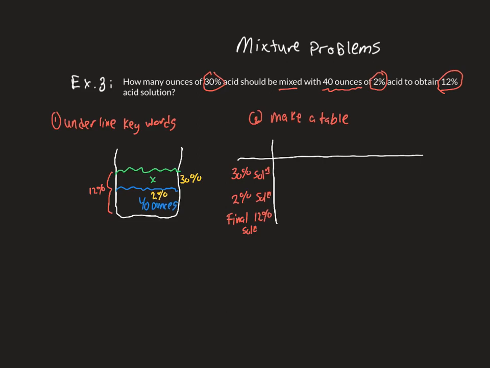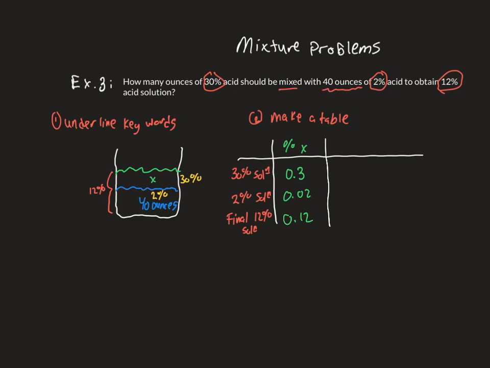So 12% acid solution, well, what is that? I'm going to have this much. So let's put that: 0.12 times 40 plus x should be equal to the 30% solution, as you can see here, added to my 2% solution.